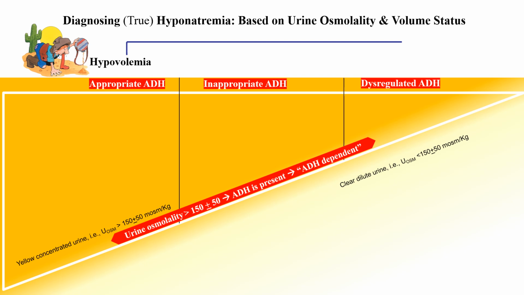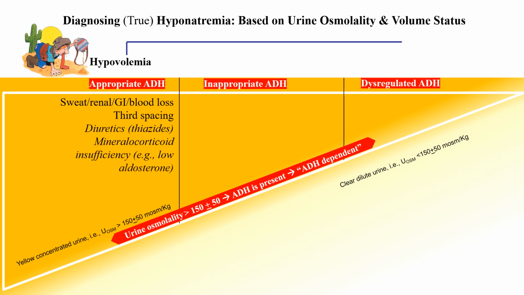Conditions where patients may present with hypovolemic hyponatremia include any type of bodily fluid loss, third spacing, the use of diuretics, particularly thiazide diuretics, mineralocorticoid insufficiency, and renal or cerebral salt wasting.